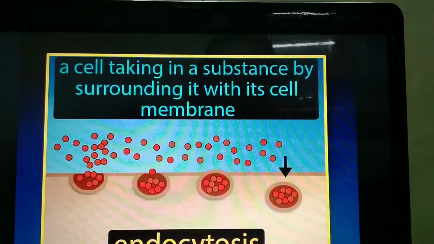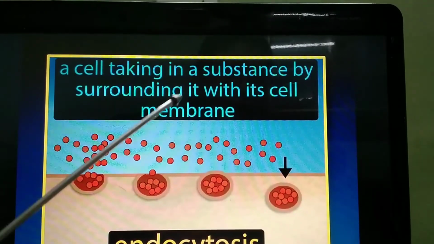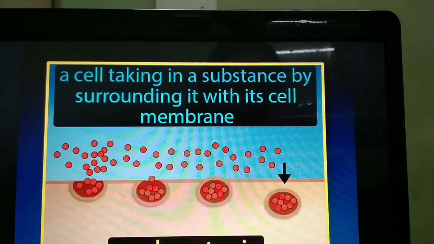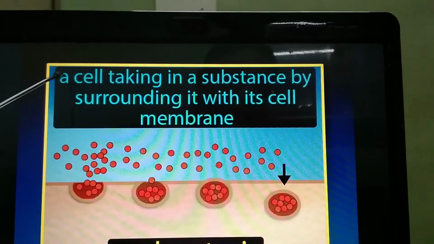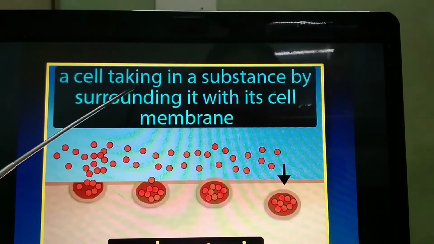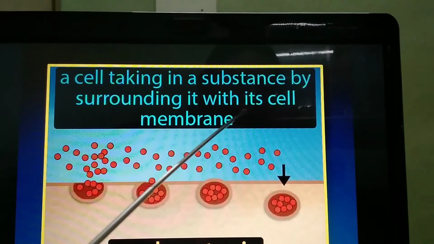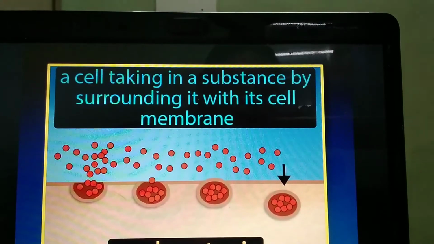Now, depending on the passage of molecules into the cell or outside the cell, there are two types of processes, that is endocytosis as well as exocytosis. When a cell is taking in a substance from its surrounding within its membrane, in that case the process is known as endocytosis.